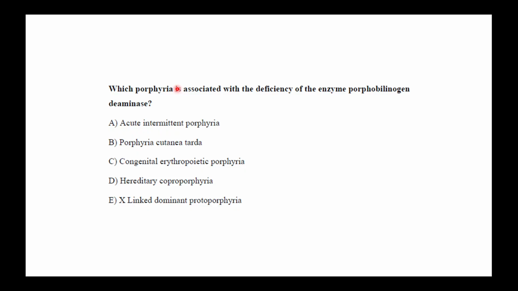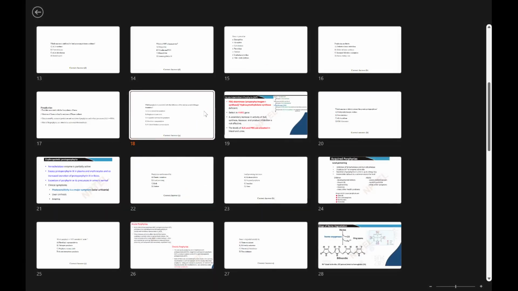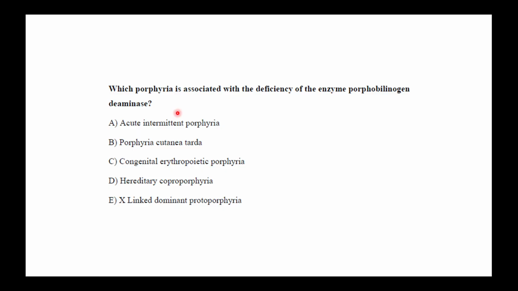Moving to the next question. Which porphyria is associated with the deficiency of the enzyme porphobilinogen deaminase? Option A, acute intermittent porphyria.